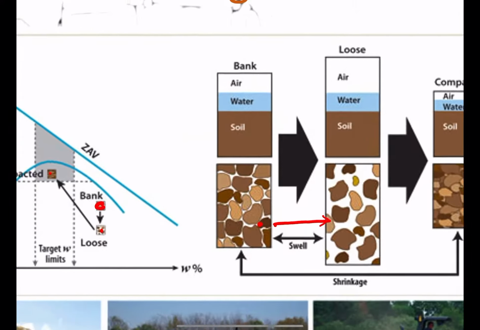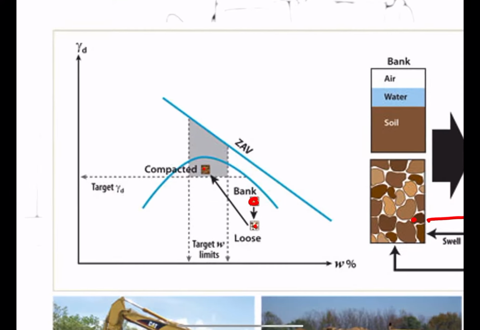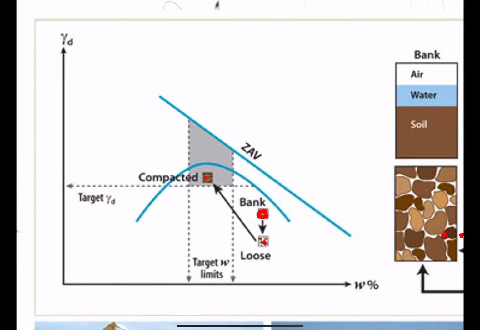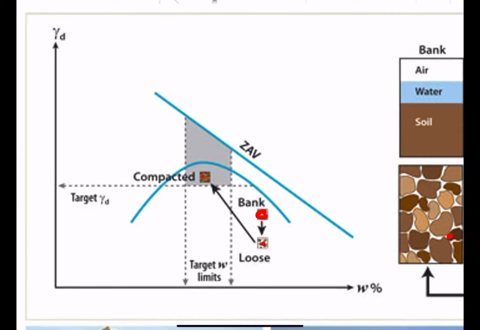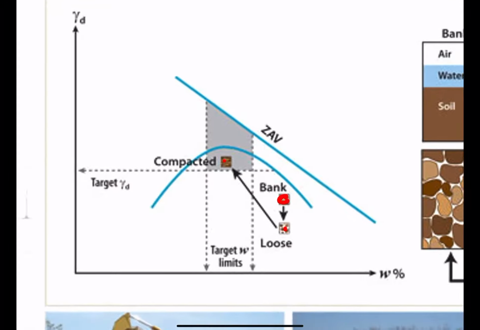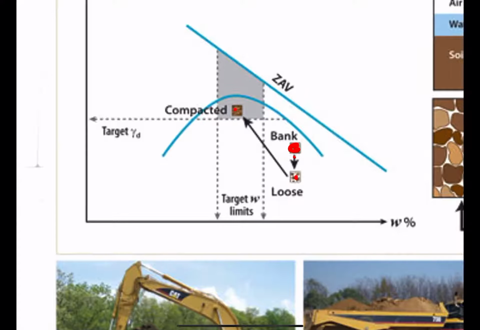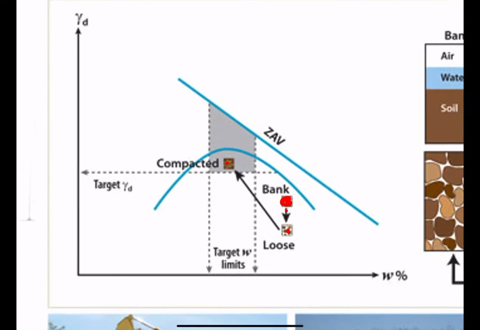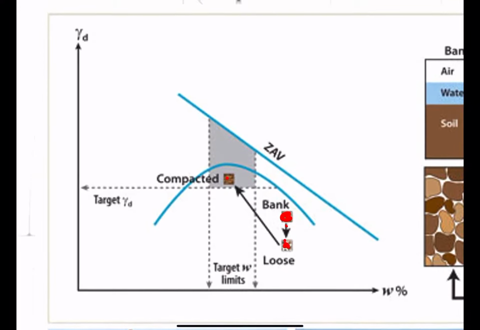So as you can see, if you studied geotech, of course geotech 1, this graphic tends to be familiar to you, the horizontal water percent and the dry density of the soil. At the bank condition, the soil is at that much, and then the density will be reducing when it is loose, because the volume increases.